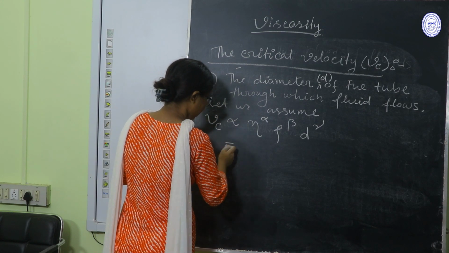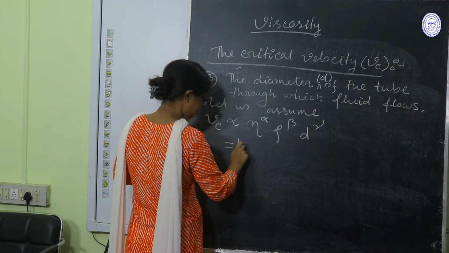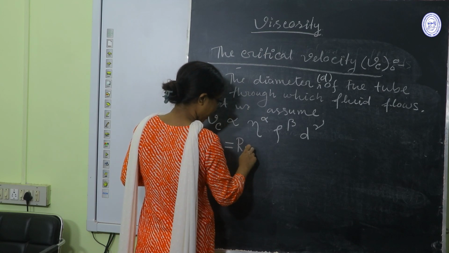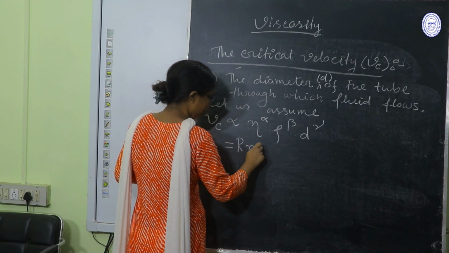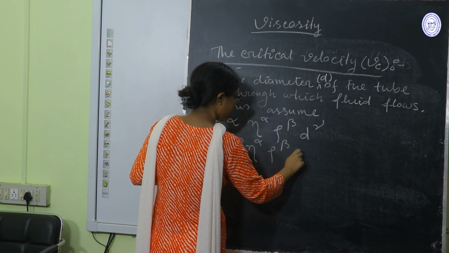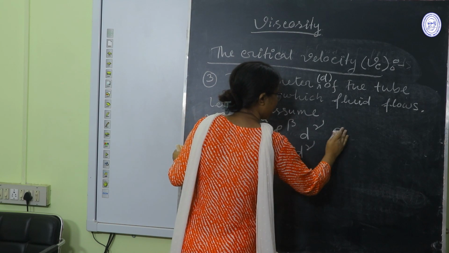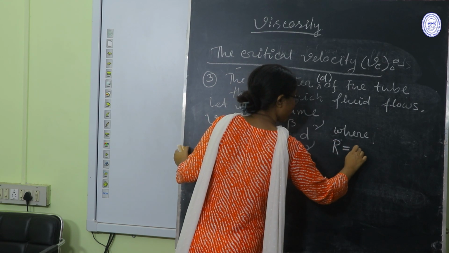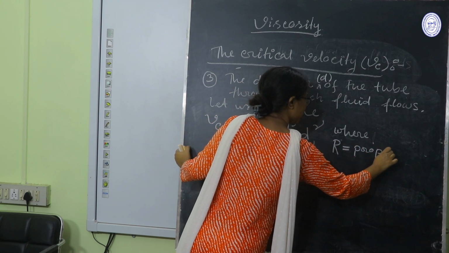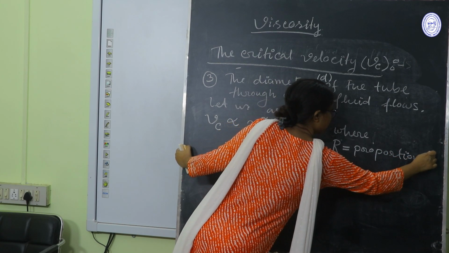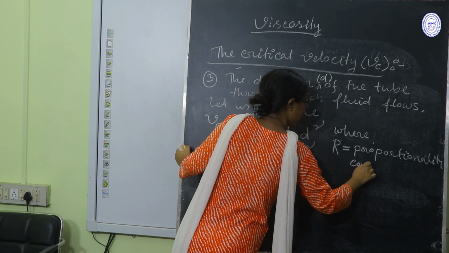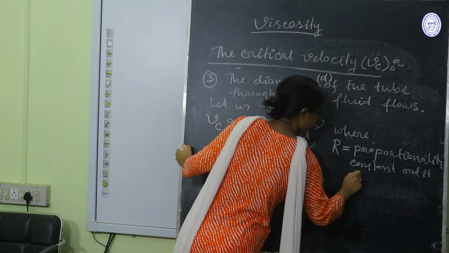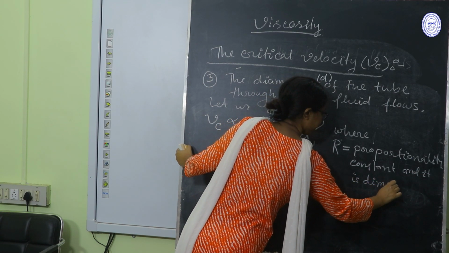If we omit the proportional sign, there is a proportionality constant known as the Reynolds number R. This is a dimensionless quantity: R times eta to the power alpha, rho to the power beta, and d to the power gamma.